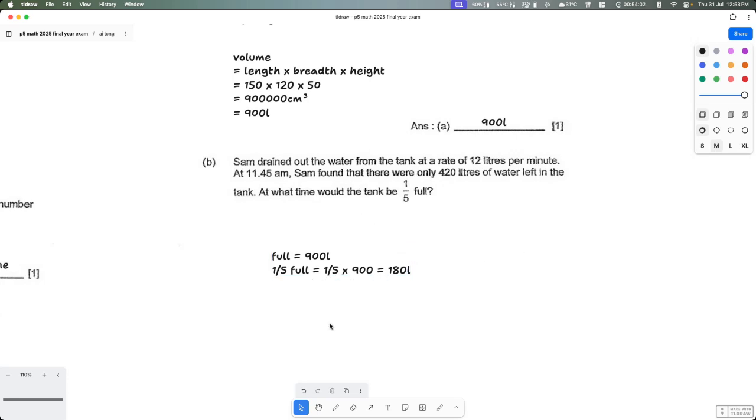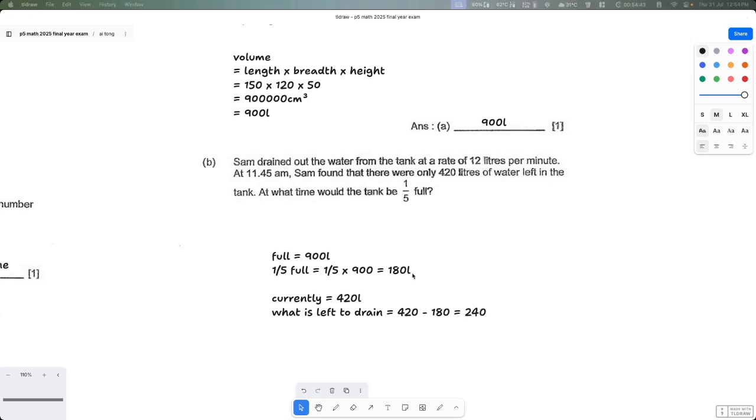Okay, so we know that currently there is 420 liters. So what is left? Drain is equal to 420 minus 180, and this will give us 240.